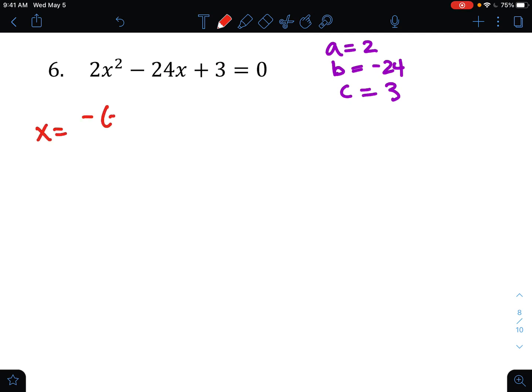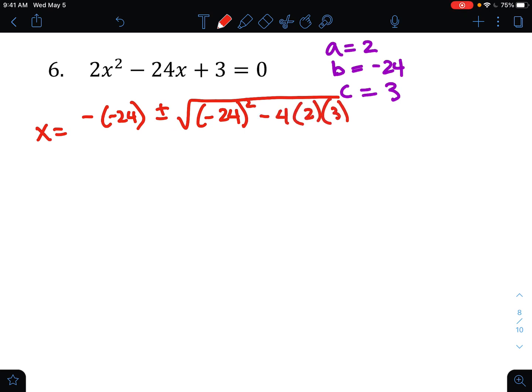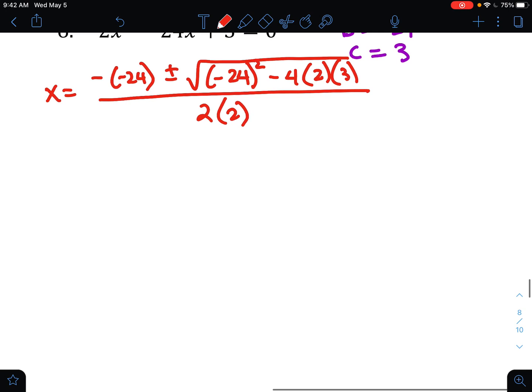X equals negative b, negative 24, plus or minus the square root of b squared, minus 4 times a, which is 2, times c, which is 3. All of that divided by 2 times a, which is 2. Okay, the negative 24 will turn positive.